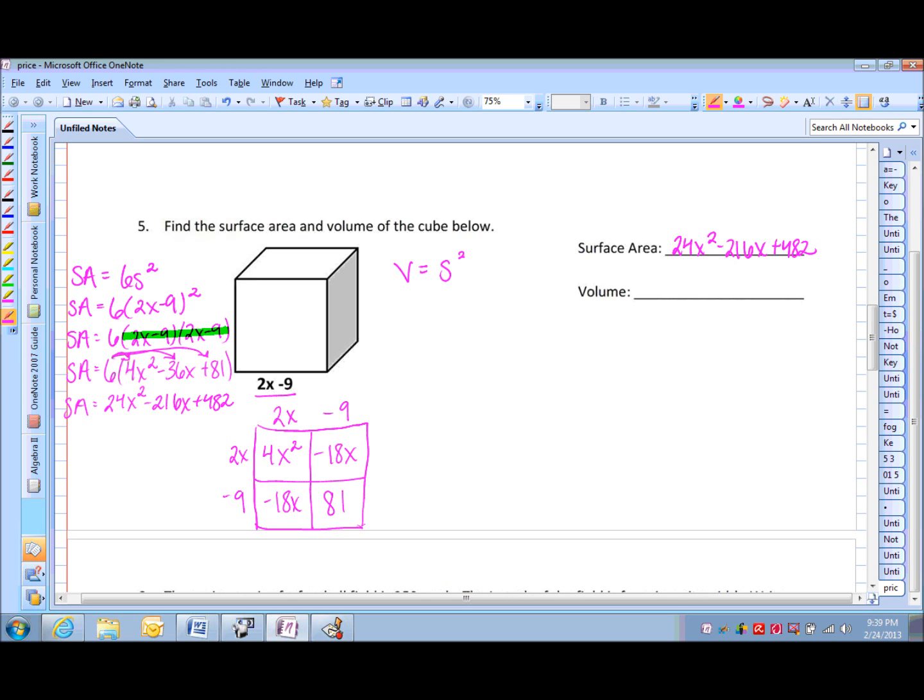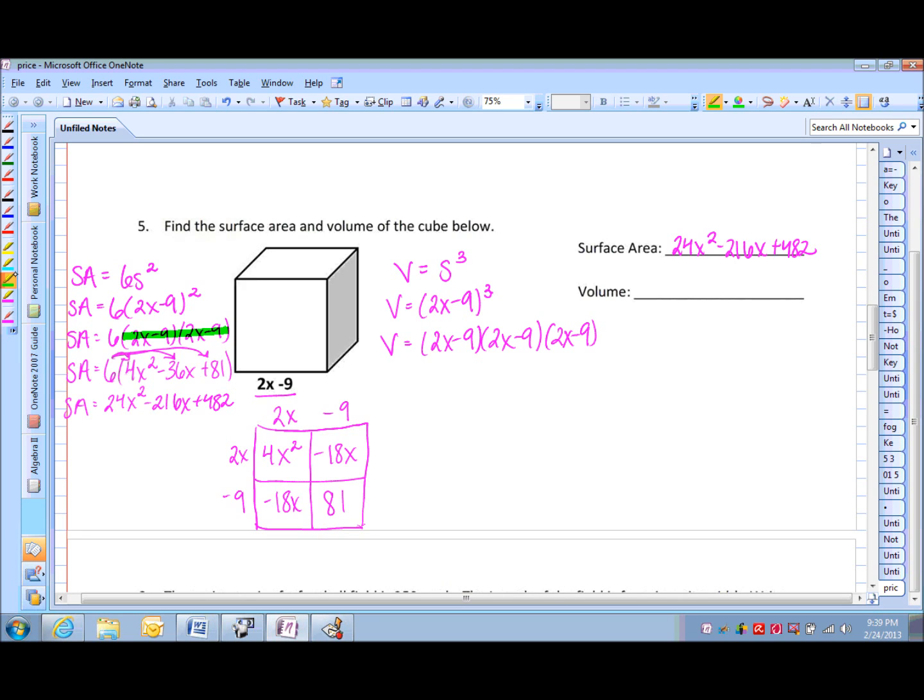Volume is side length cubed. So it's going to be 2x minus 9 cubed. And when you write that out, something cubed is something multiplied by itself 3 times.